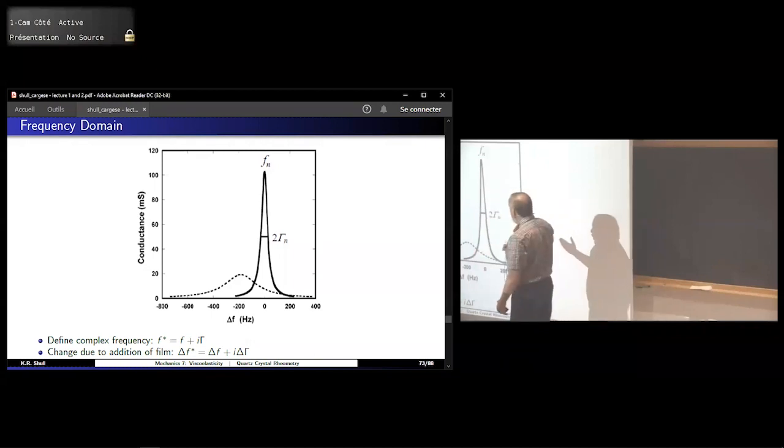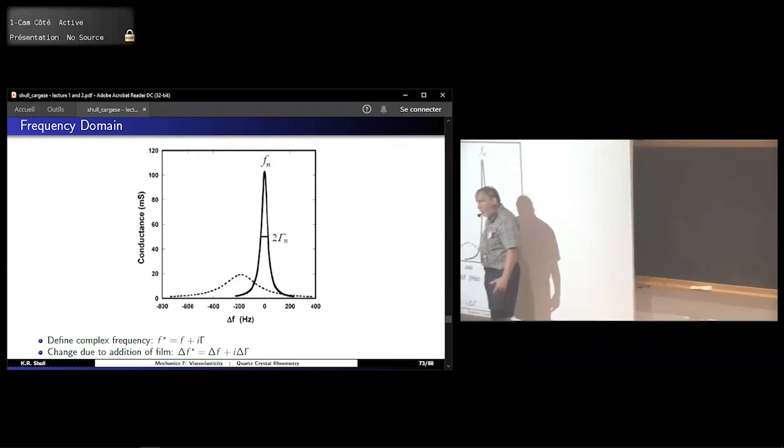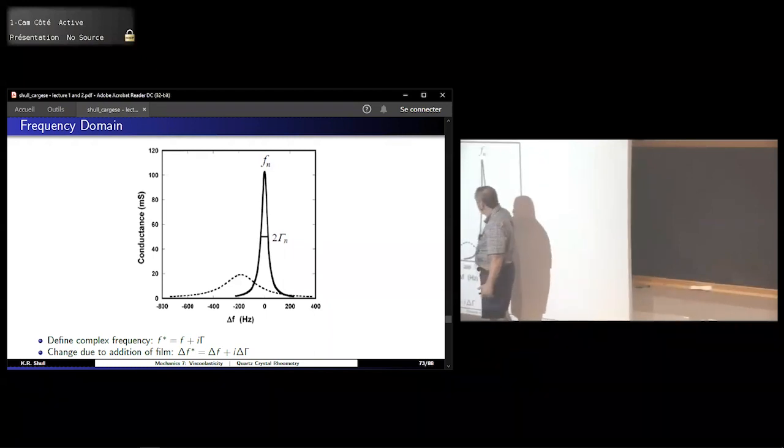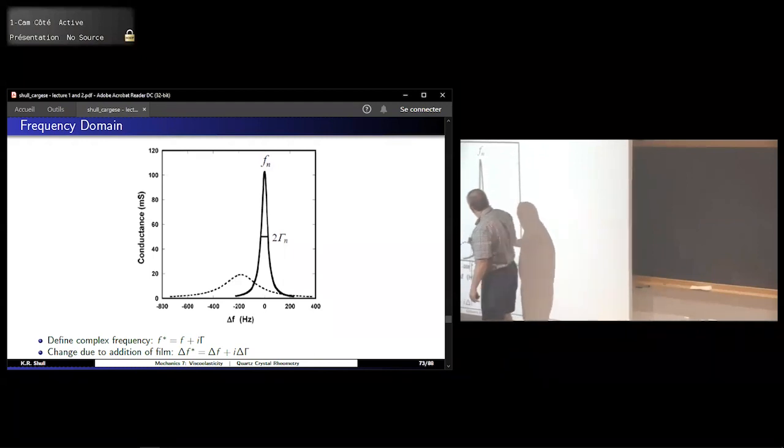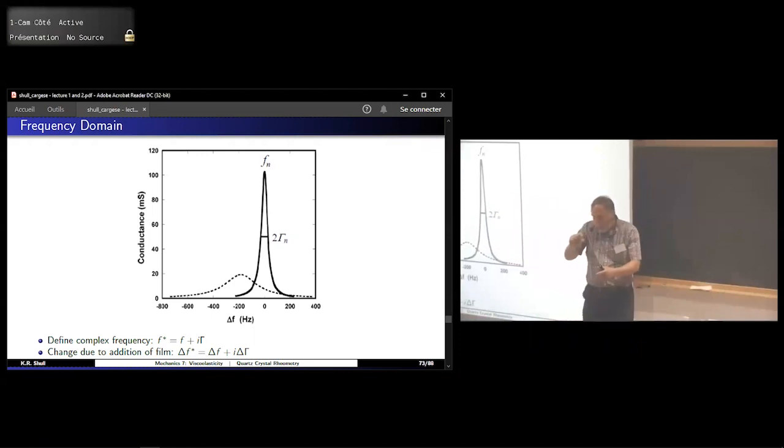If you do it in the frequency domain, I'm showing it at 0 here, but that's really the resonant frequency, for example 15 megahertz. And you measure two things. One is the conductance. You hook up a network analyzer and measure the ratio between the currents and the voltage.